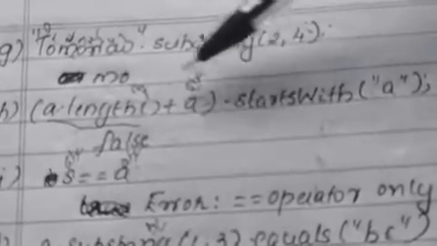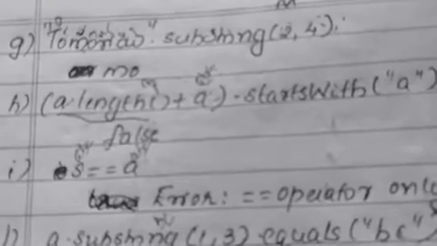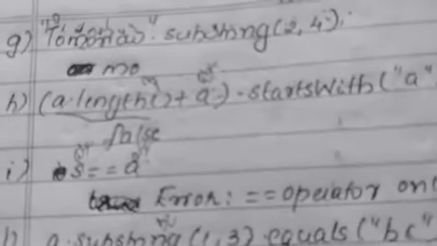For this type of expression, first do the part given inside the brackets: a.length() + a. First we find a.length(). Already we know that the value in the variable a is abc, and its length is 3. So a.length() returns 3.